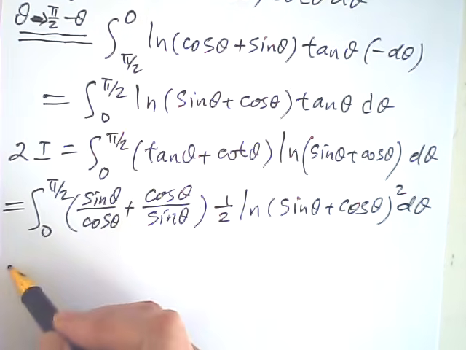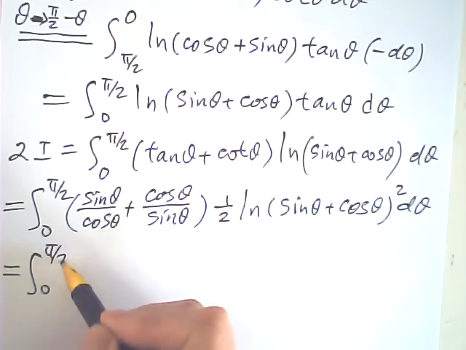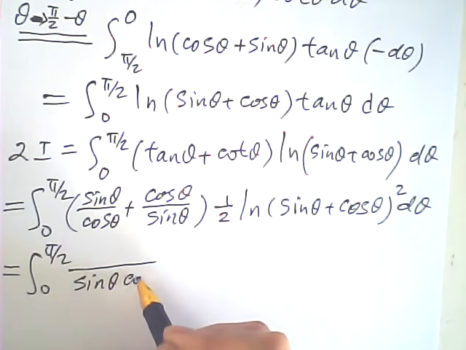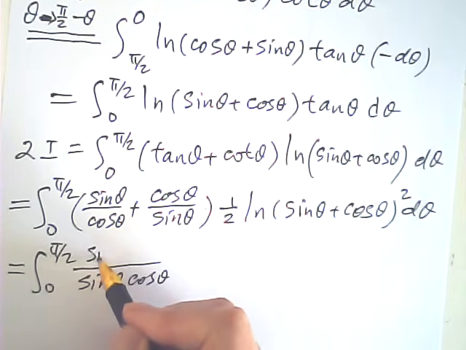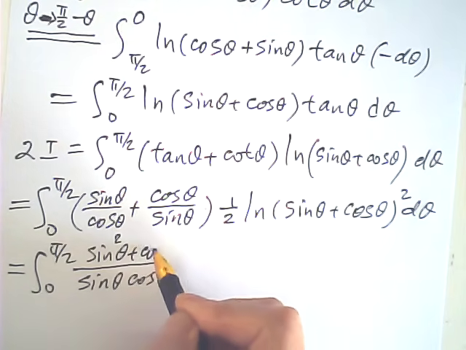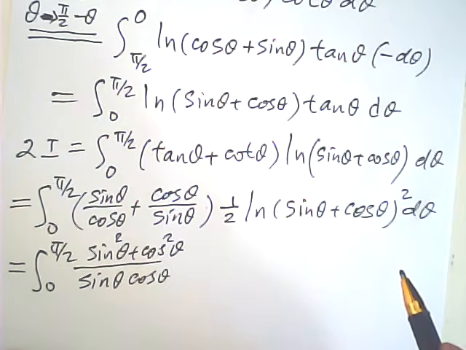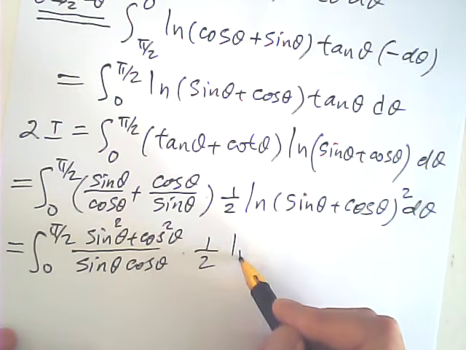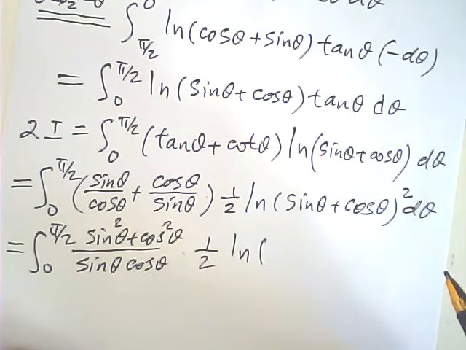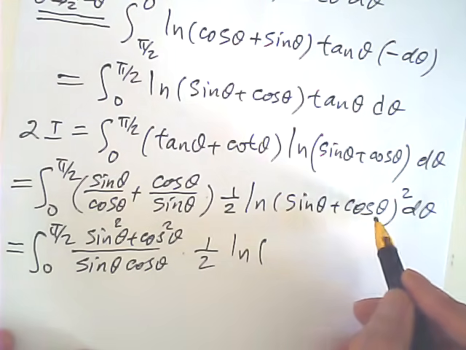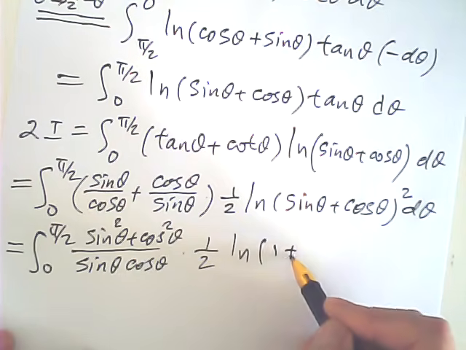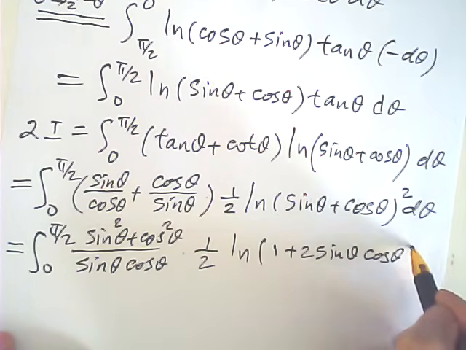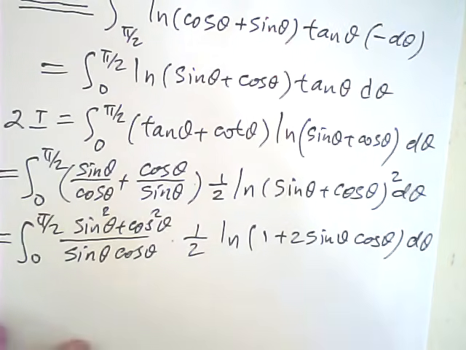Now then, this becomes sine theta cosine theta. This is sine square plus cosine square times half. This will be log of sine square plus cosine square, which is 1, plus 2 sine cosine d theta.